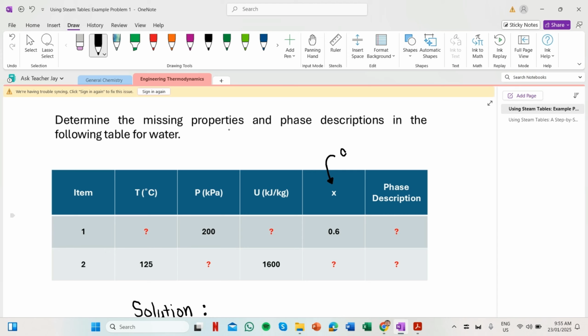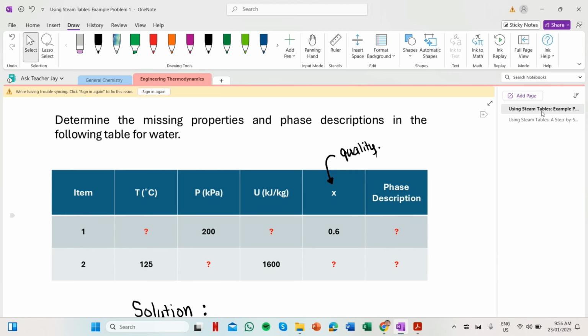So this is quality. So again, this is the mass fraction of steam. So as you can see here, the value of x is 0.6. So this means that there's a portion of the entire substance that is steam, while the other portion is liquid.